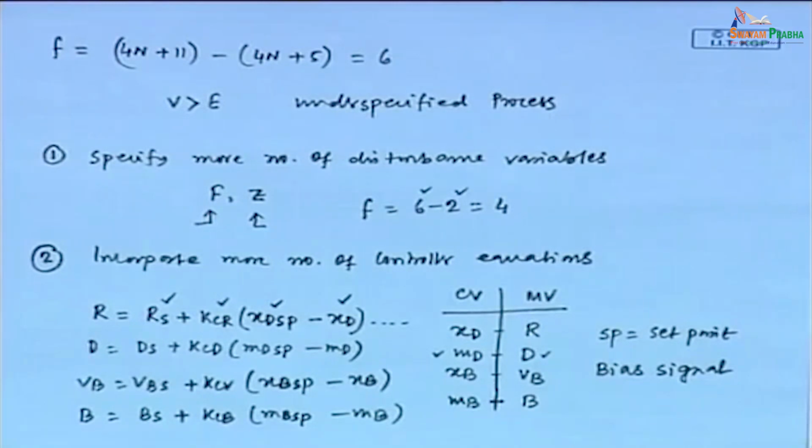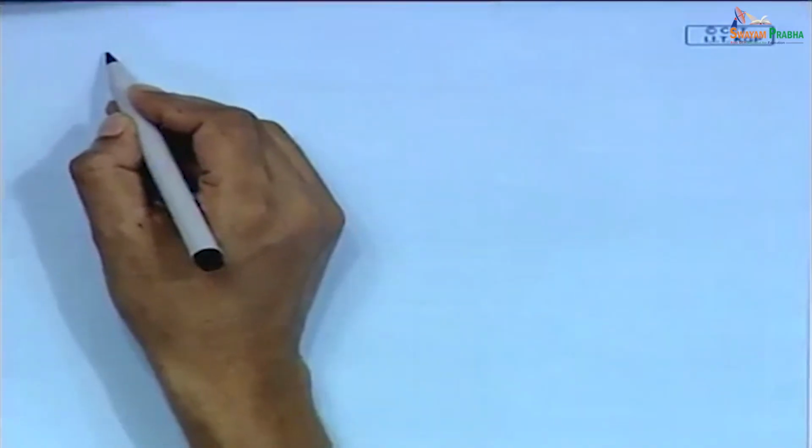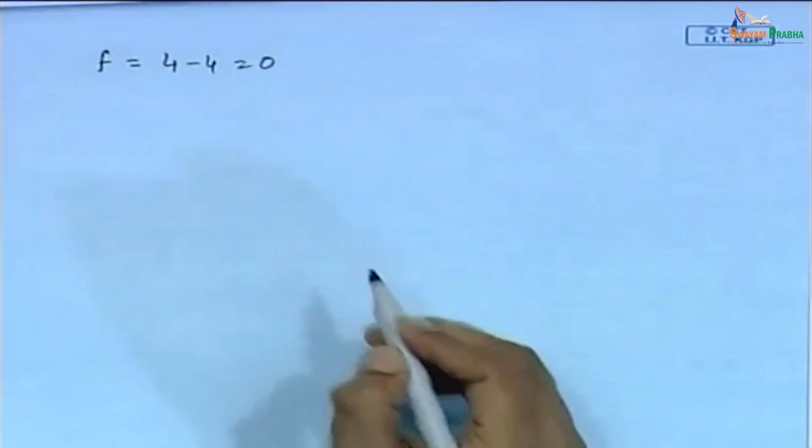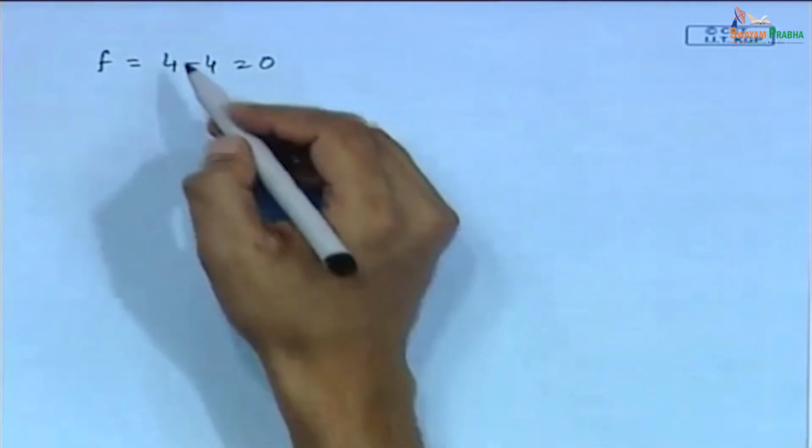These are the control equations, total 4 equations. So, if we include 4 equations, then degrees of freedom becomes 0. Previously, we had degrees of freedom equal to 4.